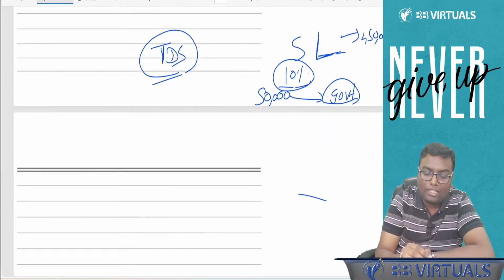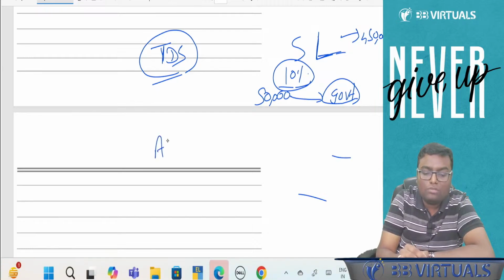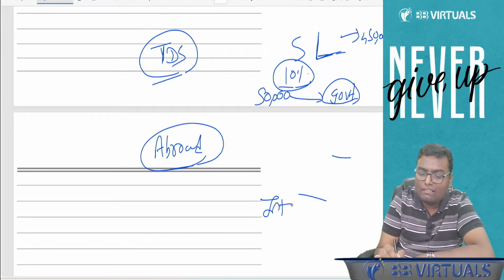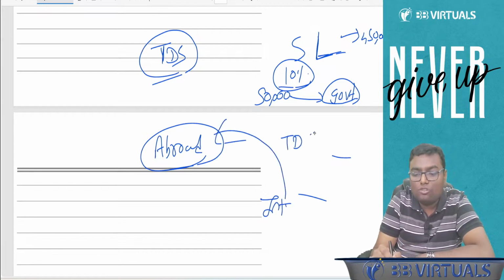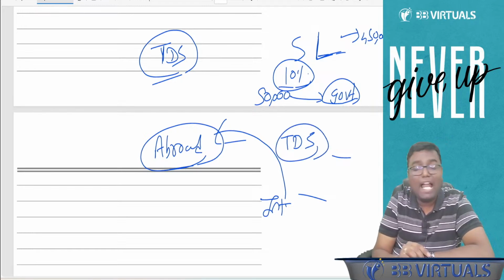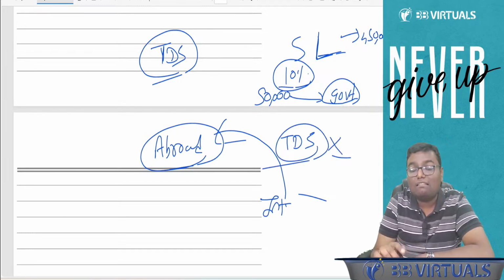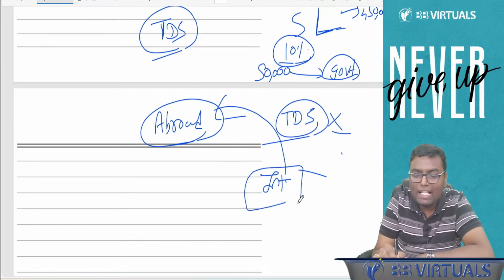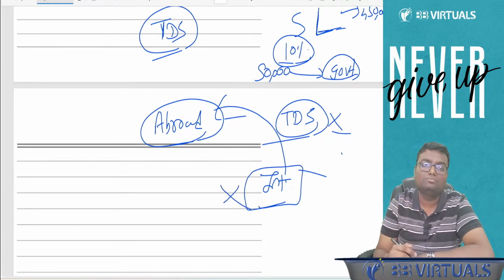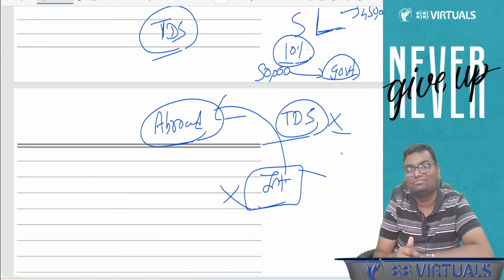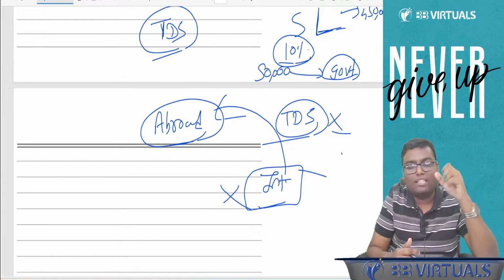Now let's say if I am a person who has taken a loan from abroad, outside India, then every year interest is to be paid outside India. On that interest, I have to deduct TDS. And if I don't deduct TDS as a punishment, I will not get deduction of this interest. It will not be allowed. What I'm saying you once again.